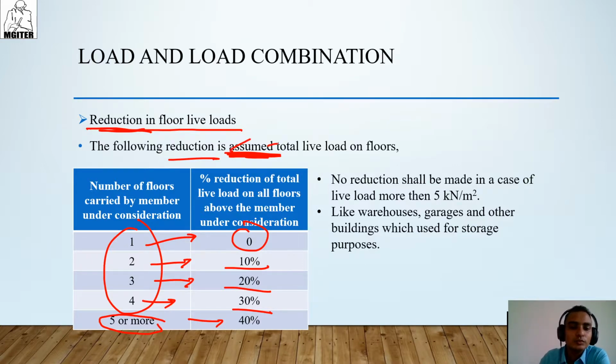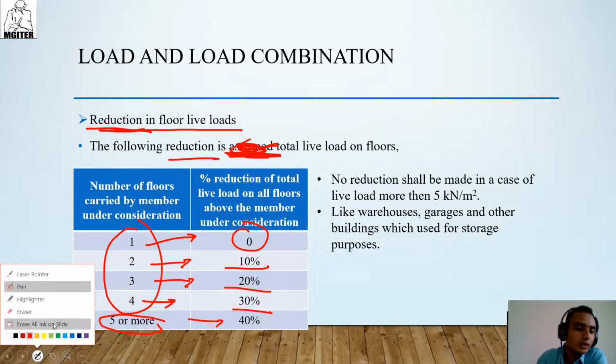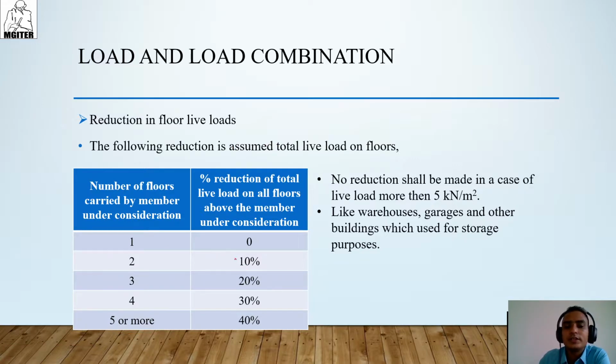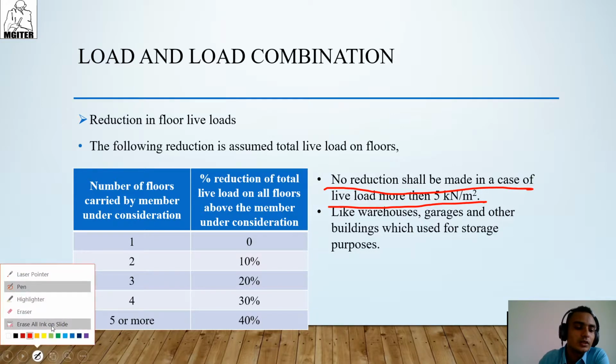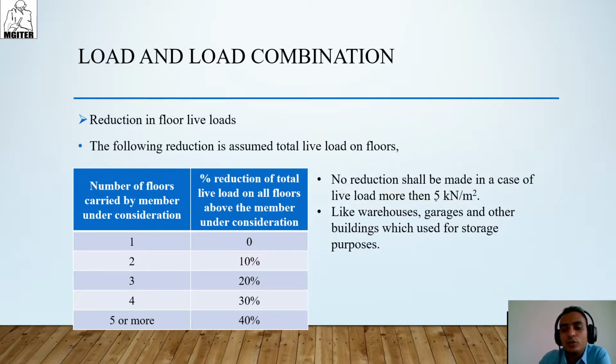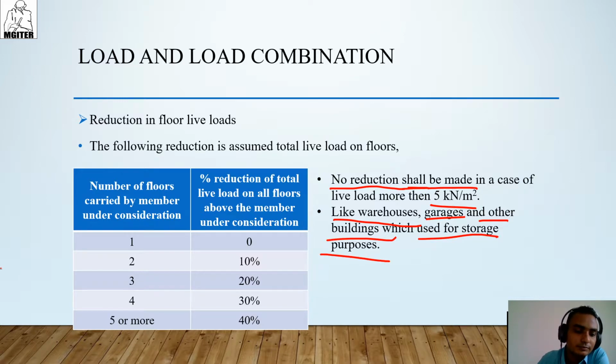These are assumptions, means you do not need to follow all this reduction, it's just an assumption. No reduction shall be made in the case of live load more than 5 kN per meter square, like warehouses, garages and any other buildings used for storage purposes.